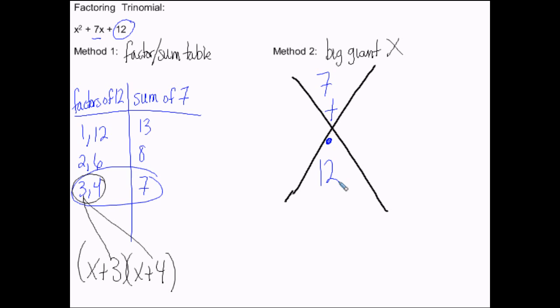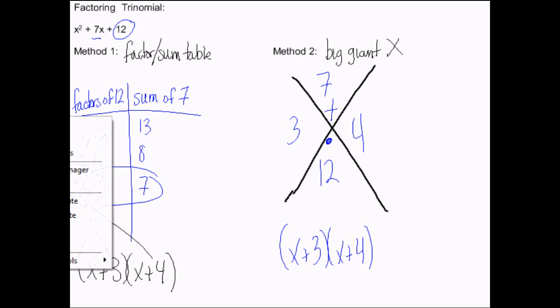So you start thinking of things that multiply to make 12, and then you add them up and they make 7, and you get 3 and 4. And then those are the things that go here. Coefficients on the x squareds, it makes it a little easier.